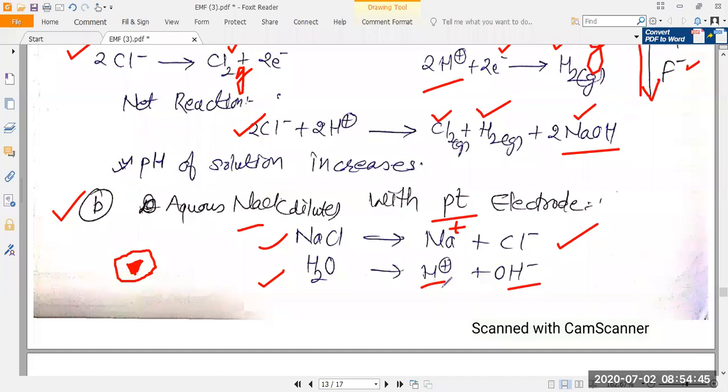So all four ions are present in the electrolytic solution. These two ions, chloride ion and OH ion, will move towards the anode side, and the two ions, sodium and hydrogen ion, move towards the cathode side.